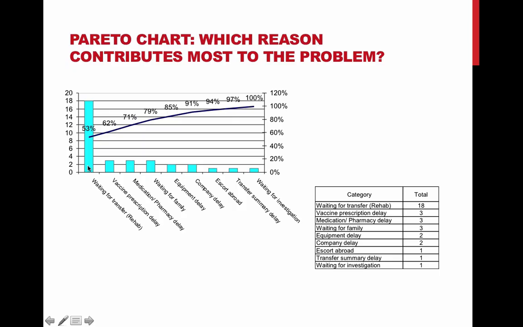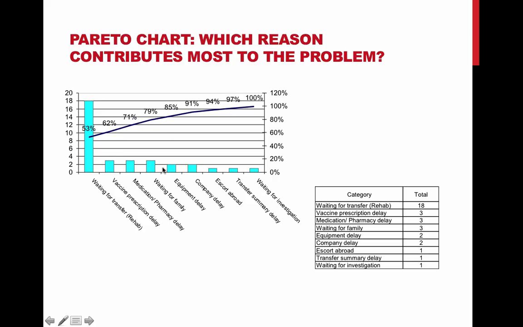Out of those 34 times, waiting for transfer accounted for 18 times, which is 53%. Now, waiting for transfer plus vaccine prescription delay accounts for 62% of the delay. Waiting for transfer, vaccine prescription plus medication delay accounts for 71% of the delay.